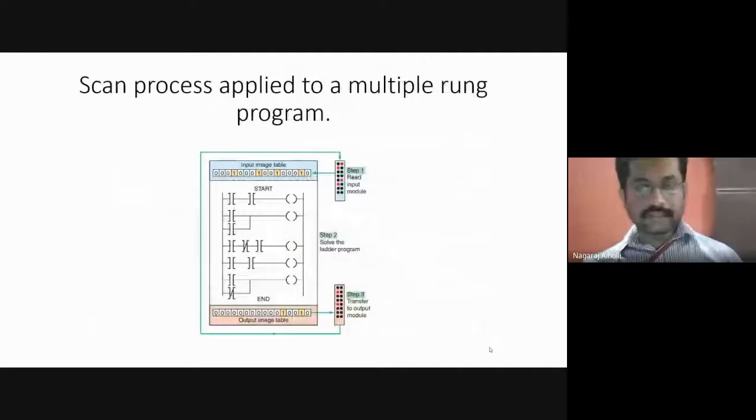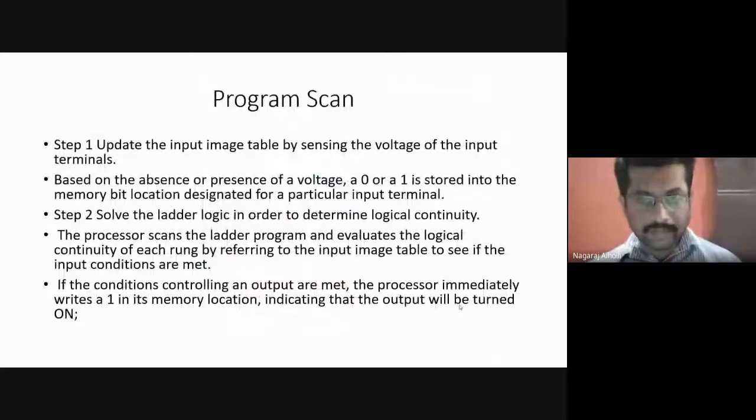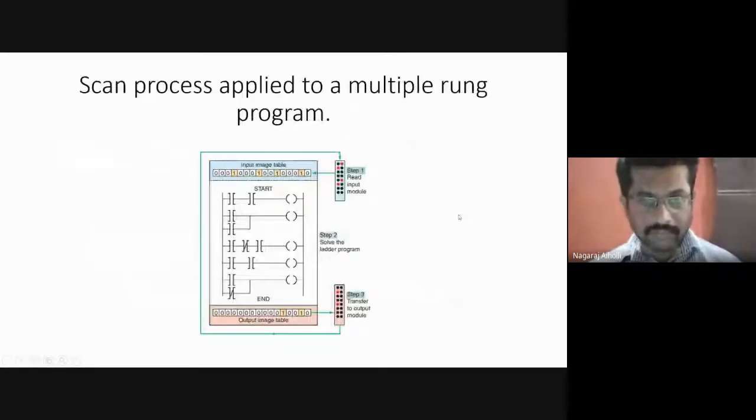Then later, it was the multiple rung, many rungs program. It's a many rung ladder program. From here to here, we call as one rung, from this to this. So there are many rungs here. It consists of more number of ladder rung instructions. Then how the scan process is explained with the help of multiple ladder rung program that we have seen.